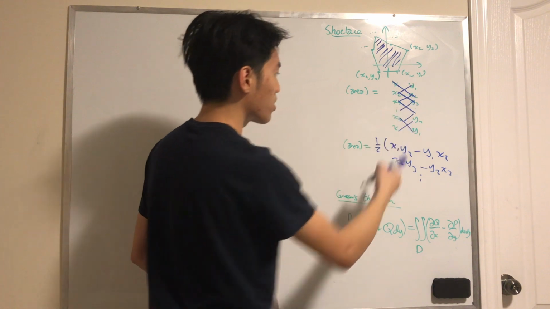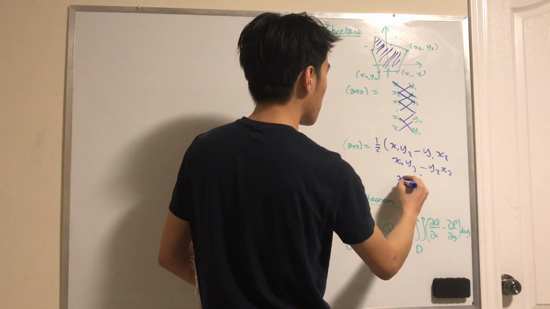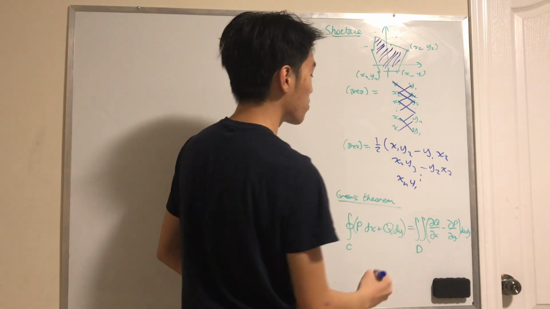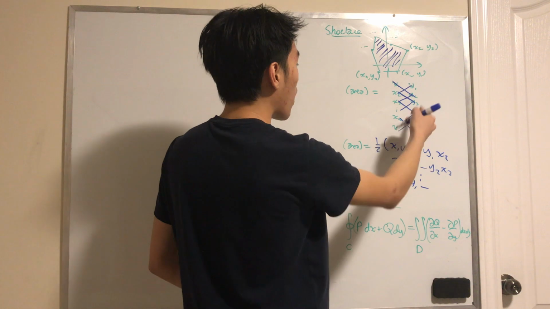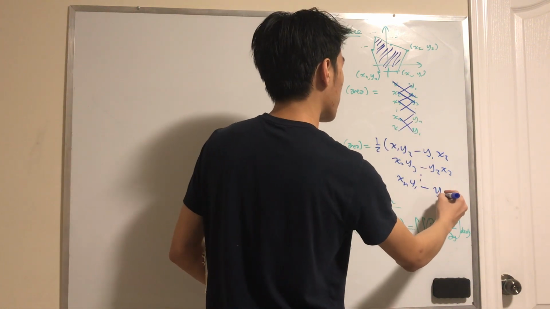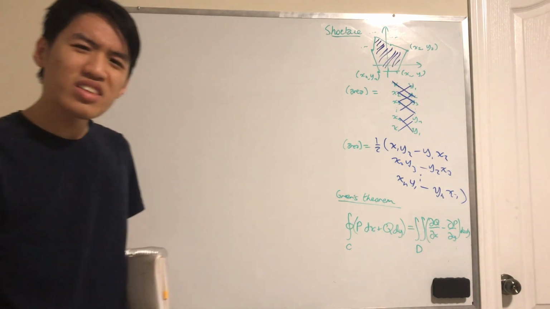It wraps back around. You have xn y1, however many vertices you had in your polygon, minus the backward diagonal, yn x1. So that's a really neat formula.